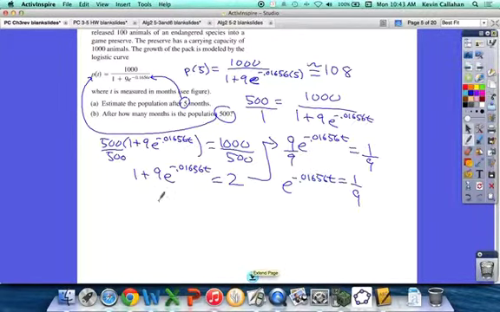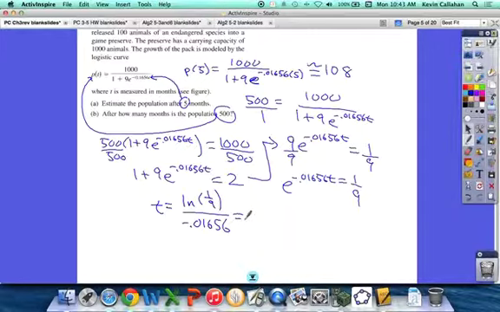So I'm just going to skip that and go t equals ln of 1/9 divided by negative 0.01656. This time, understand, they're asking for amount of time. Is the amount of time going to be positive or negative? It's going to be positive. So notice what goes on in these equations every time.